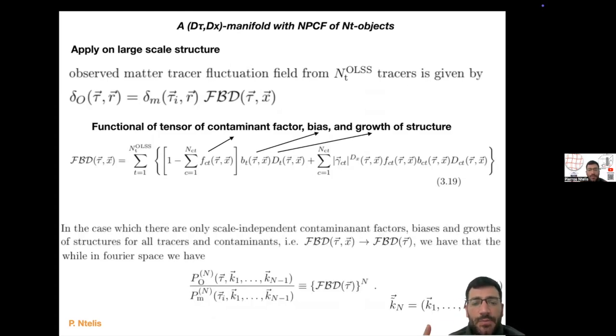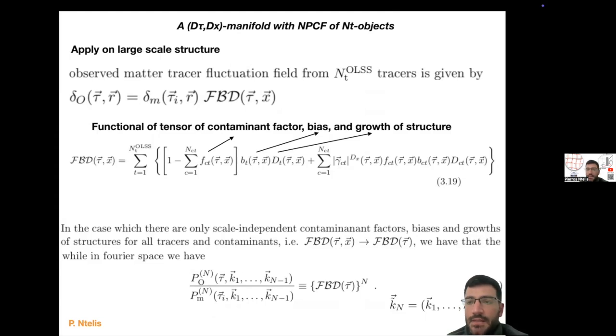Now, under some reasonable assumptions, we can assume that there is a scale-independent contaminant factor. Therefore, all these extra dimensions only depend on the temporal dimension. And when we do that, then the observed power spectrum, which is the observed Fourier transform of the energy density over the theoretical power spectrum of the matter overdensity, is equal to this contaminant functional, F_BD, as a function of time and to some power n.